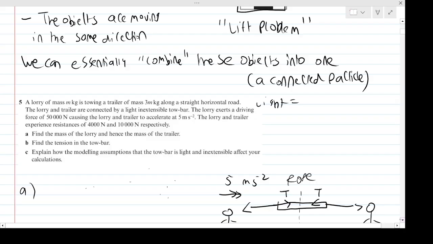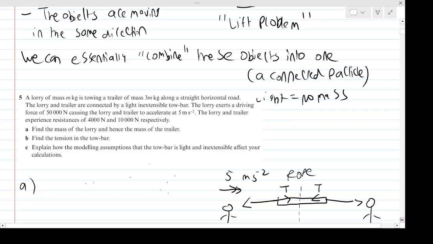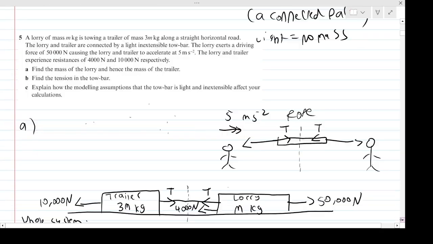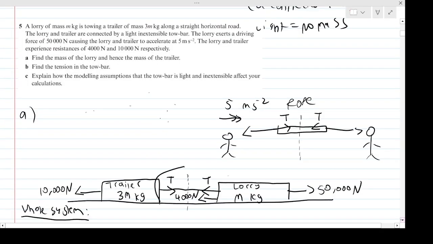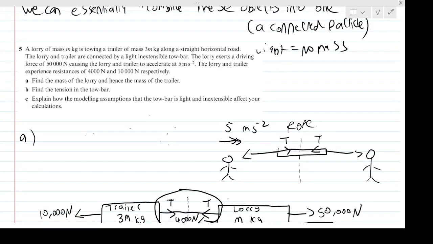So firstly, the light tow bar or the light rope or a light string. Light means no mass. So that means the rope itself, if I go back to my diagram, isn't weighing the lorry or the trailer down. So it's not affecting its movement in any way. So there's no mass coming from the tow bar.